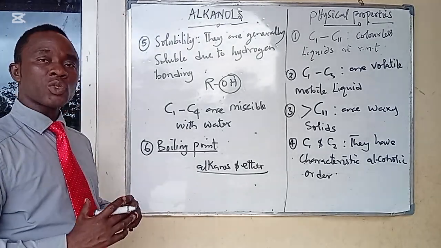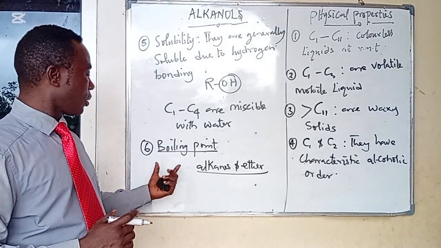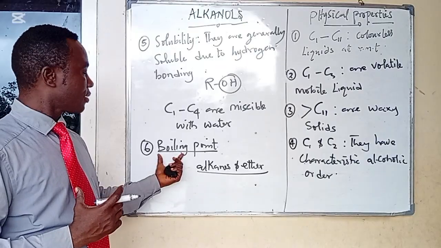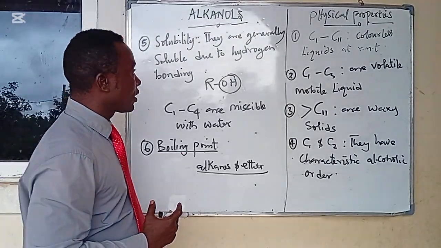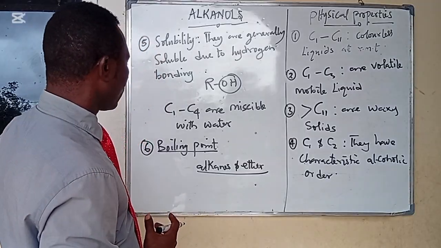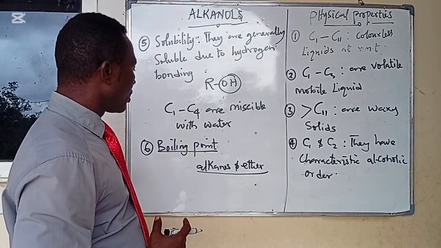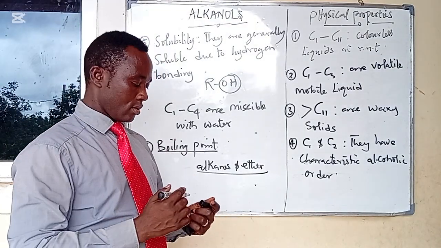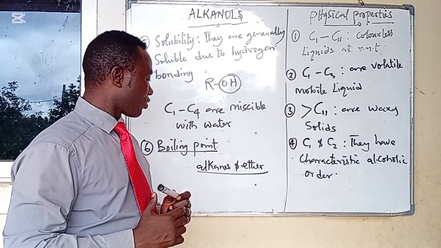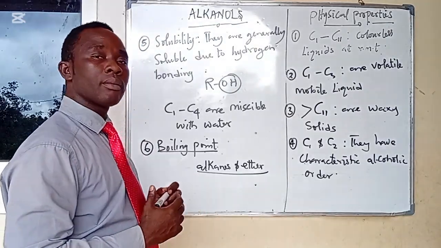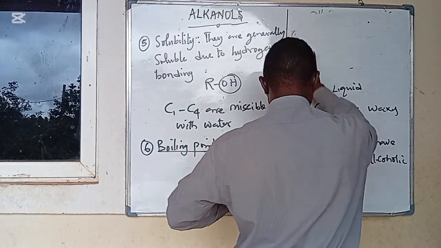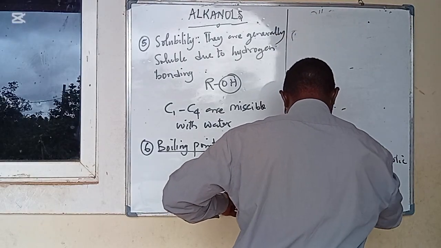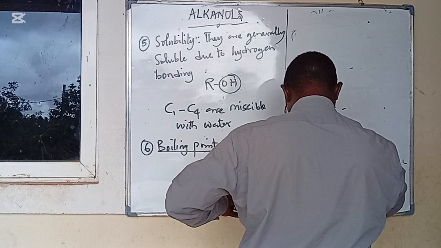Compounds with hydrogen bonding normally have high boiling points. Remember also, the more the molecular mass, that is the more the number of carbon atoms, the higher the boiling point.